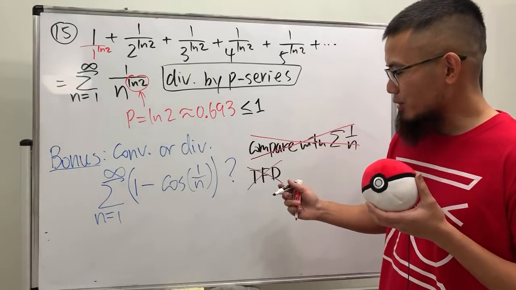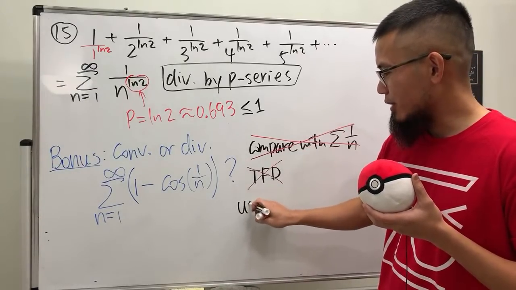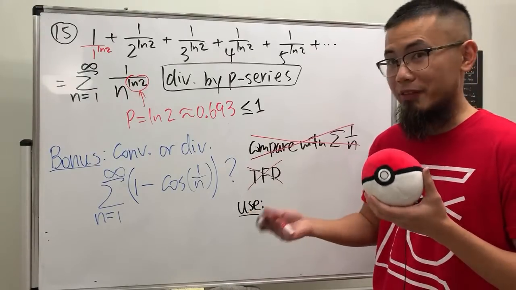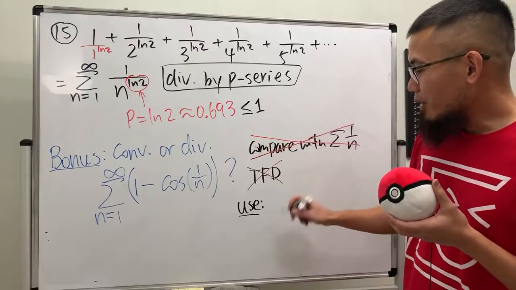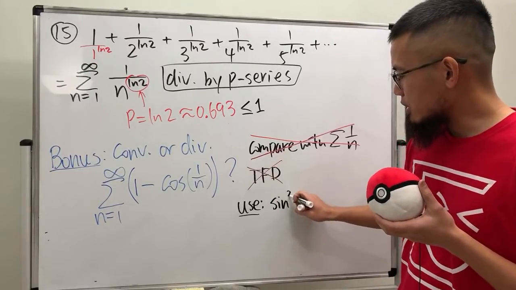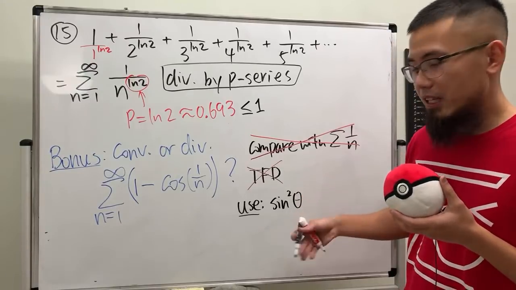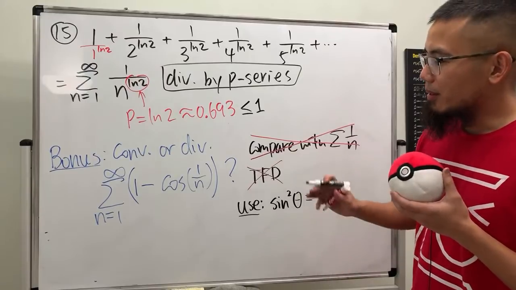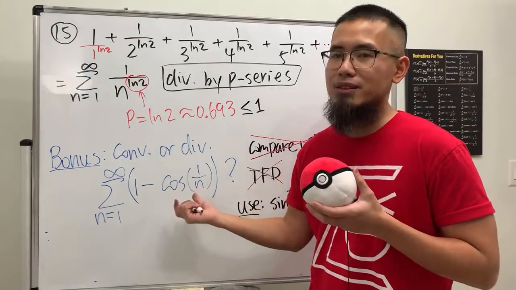What else do I have to tell you? I am going to remind you guys of a trig identity. This right here might help. Once you use the trig identity, it's similar to one of the questions that we did earlier. One of the trig identities is that if you have sine squared theta, it's equal to the part that's going to be 1 minus cosine something.